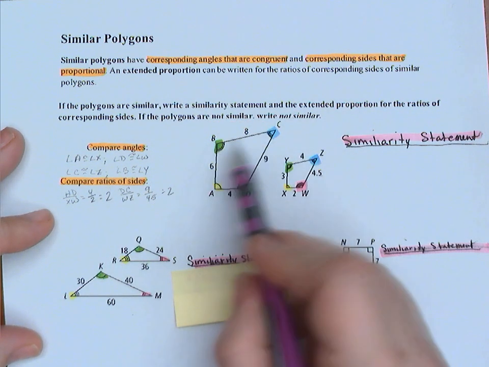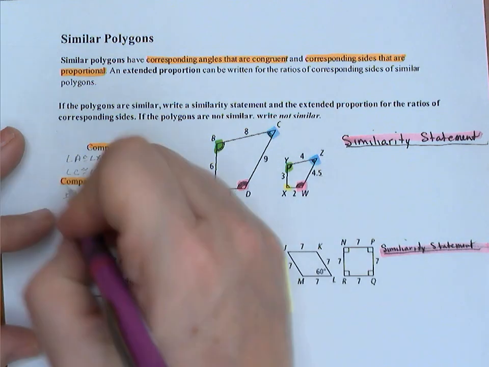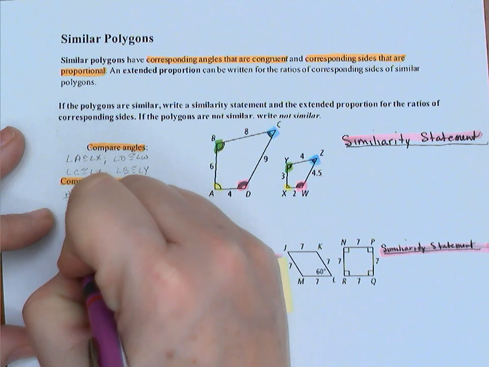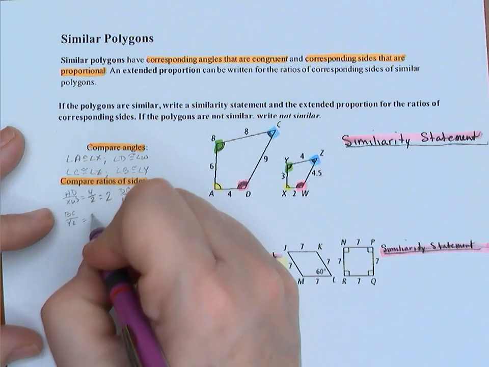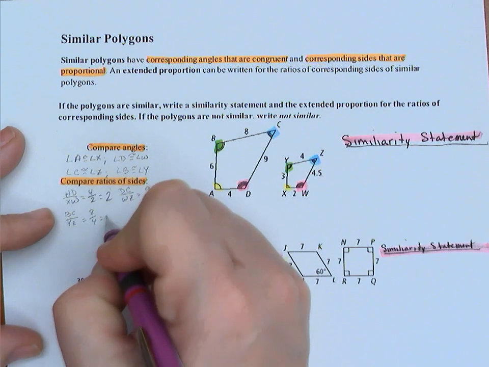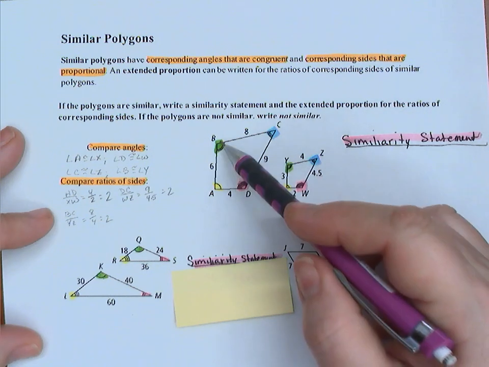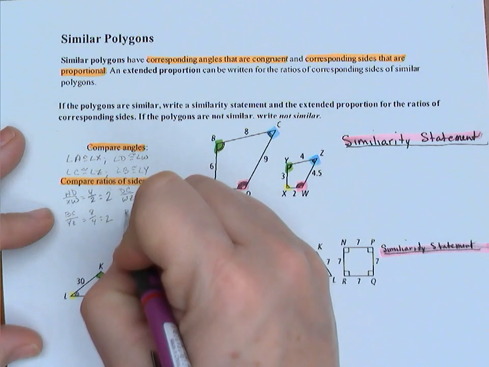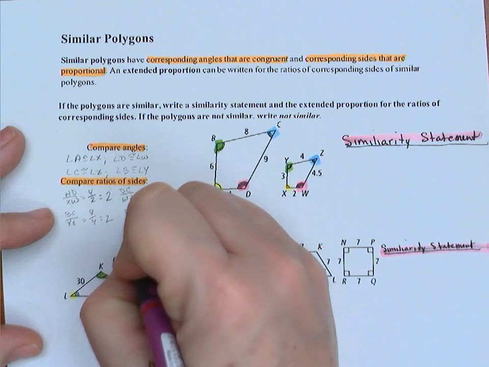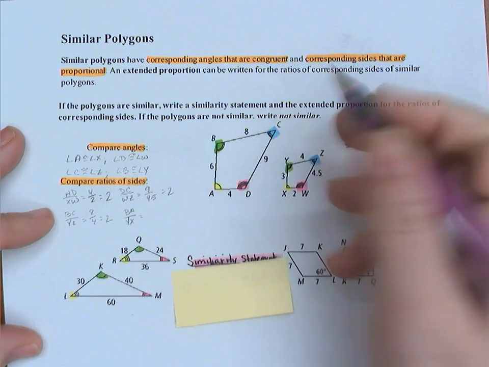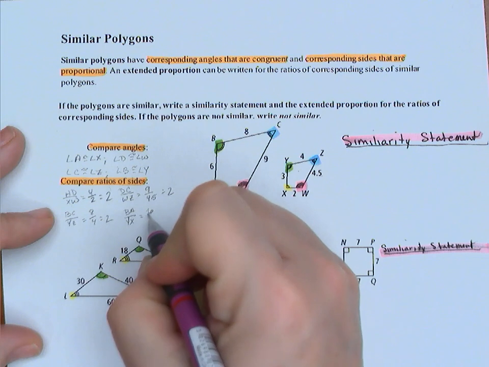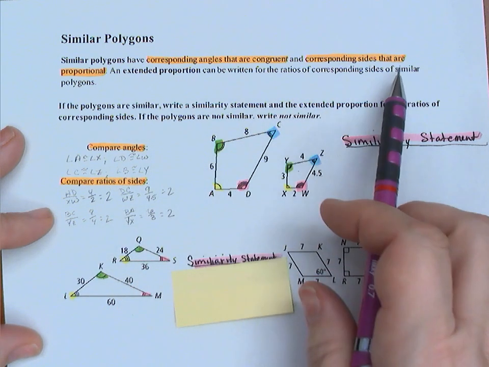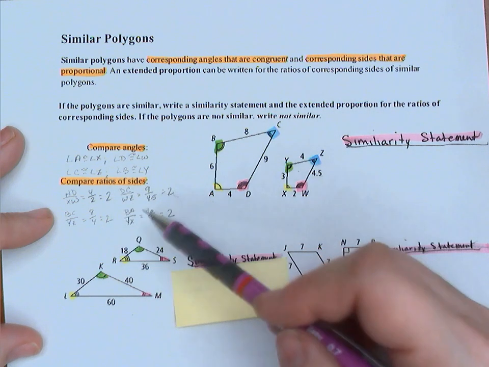Then I'm going to have BC over YZ, which is 8 over 4, which is 2. And then BA over YX, which is 6 over 3, which is also 2. So notice that all of the corresponding sides are proportional.